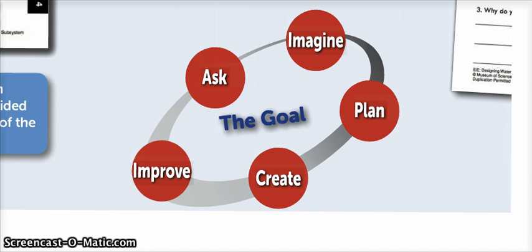Ask: what is the problem? What have others done? What are the constraints? Imagine: what are some solutions? Brainstorm ideas. Choose one. Plan: draw a diagram. Make lists of materials you will need. Create: follow your plan and create it.